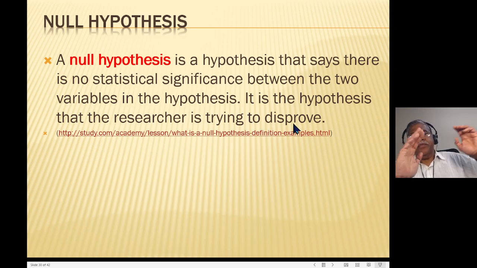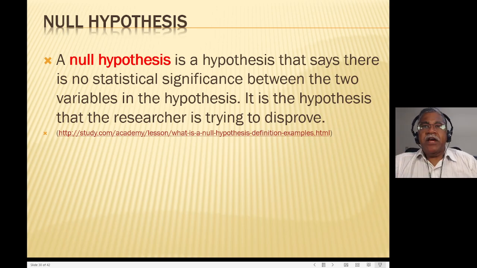Now, let's look at it from the proper perspective. When you do an experiment or conduct a particular hypothesis, you actually go into that hypothesis with the idea that there exists a statistical significance between the two variables that you're trying to study.